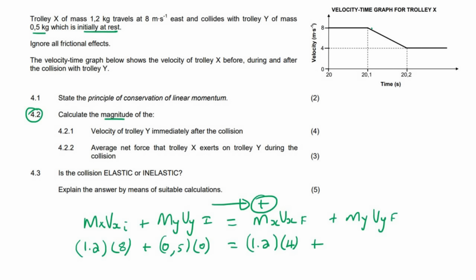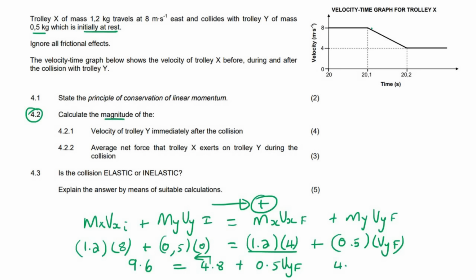Alrighty. And then it says, the mass of Y, 0.5, and then we don't know what its final velocity is. What I'm going to do now is just type this part on my calculator. That gives 9.6. Then I'm going to type this on my calculator. That would be 4.8. And then 0.5 velocity of Y final. I'm going to take the 4.8 over.